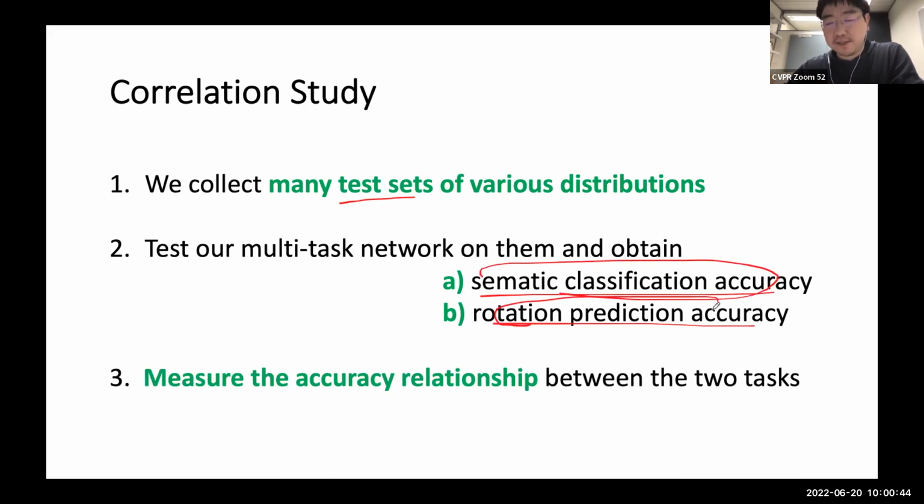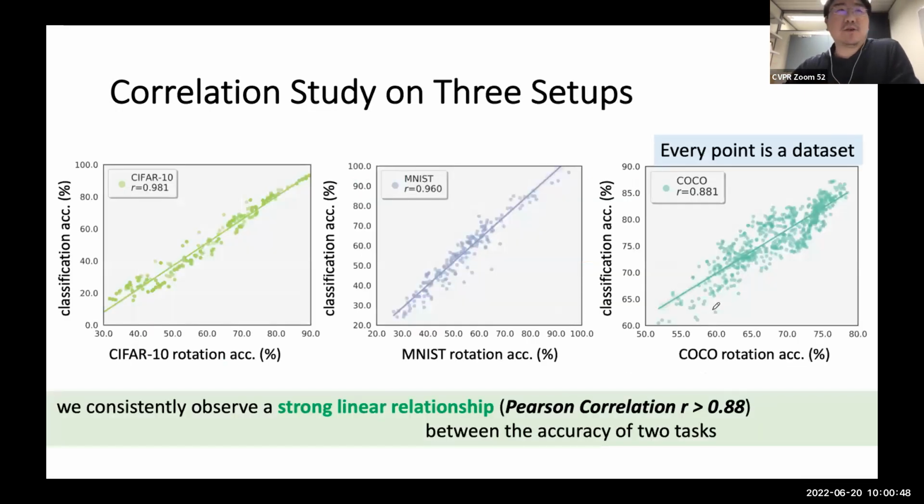Now let us show the result of this correlation study. We also show 3 setups. On the left is the CIFAR10 setup, where the x-axis is the rotation prediction accuracy and the y-axis is the classification accuracy. Again, you see a very nice positive linear relationship between the 2 accuracy numbers.